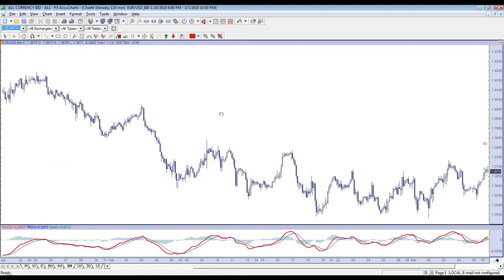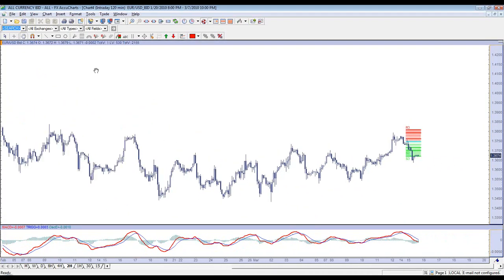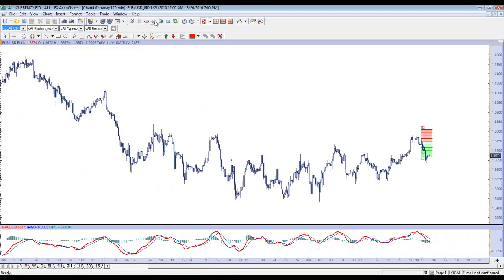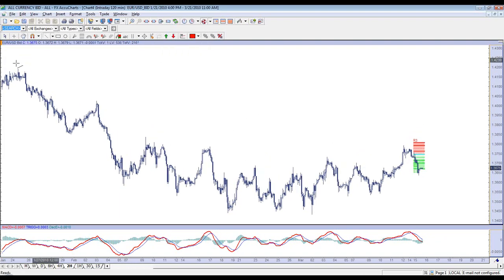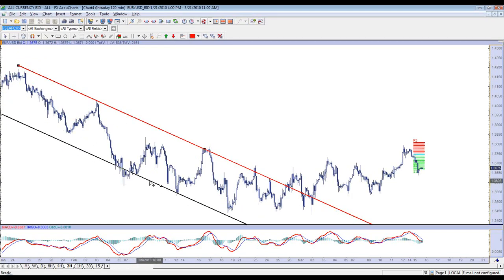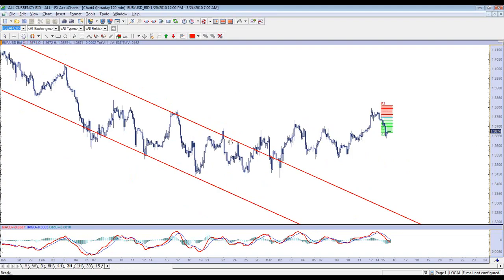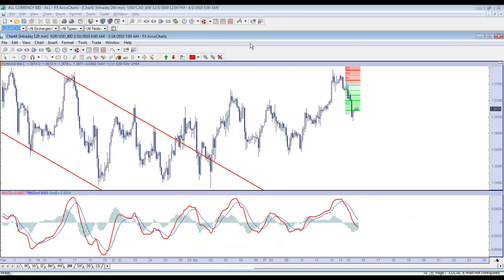This break is very narrow. The price is moving more horizontally than bullish, but most of the time when we see a breakout of a channel, I will give you an example on the euro dollar.